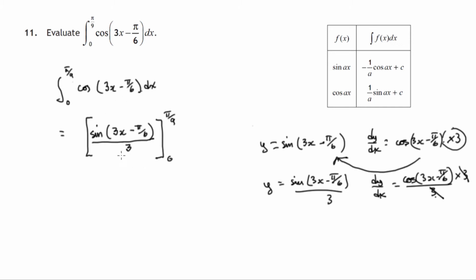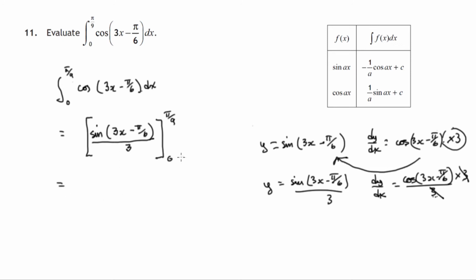So we need this divide by 3 to cancel out that factor that's actually coming from the chain rule in reverse, if you like. Anyway, forget about all that. Just follow the rules. Integrate cosine, you get sine because it's not x. Divide by the coefficient of x.